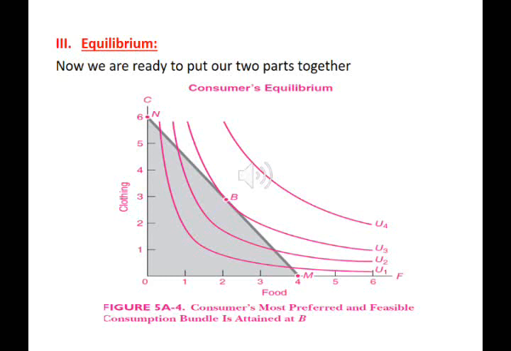So we know that this consumption bundle should lie on the dark gray line, which is the consumer's budget line. The consumer should choose a consumption bundle that lies on his budget line, which means that it is affordable, and at the same time this consumption bundle should maximize his utility, which means that from all consumption bundles that lie on the budget line, the consumer should choose the one that lies on the highest indifference curve.